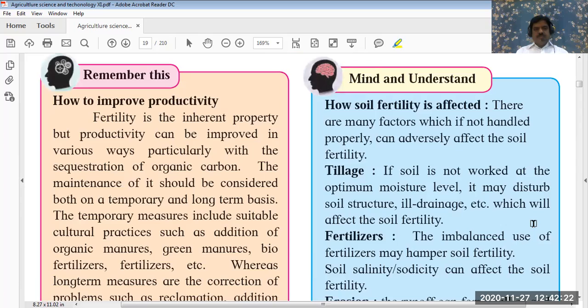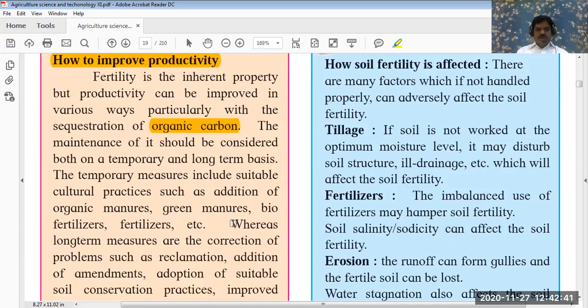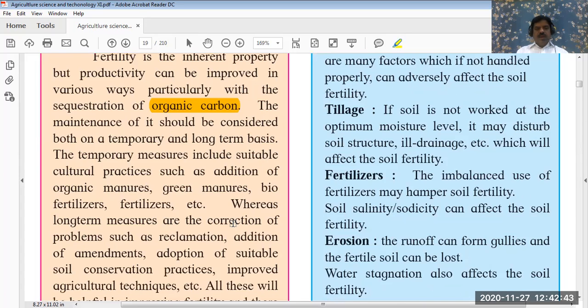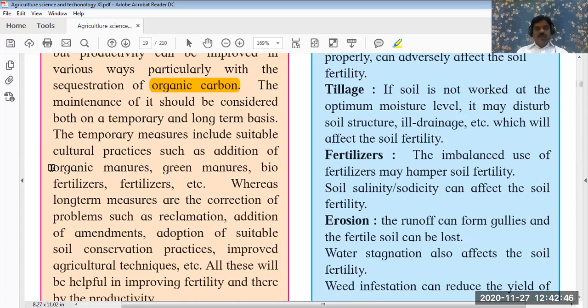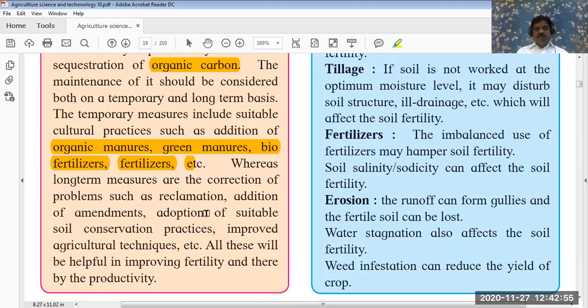So how to improve soil productivity? Fertility is an inherent capacity, but we can increase the productivity by application of organic carbon, means application of compost. Then we can also increase it by application of organic manures and biofertilizers. When these are applied, they can also increase the productivity of soil.